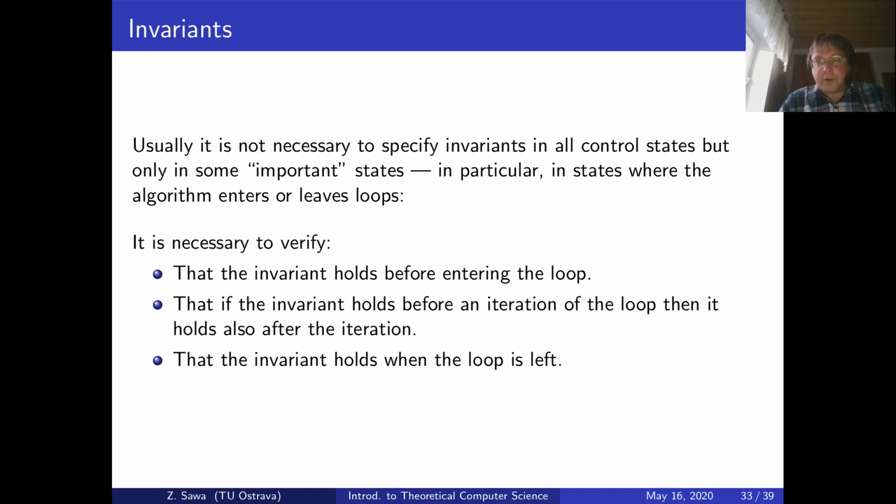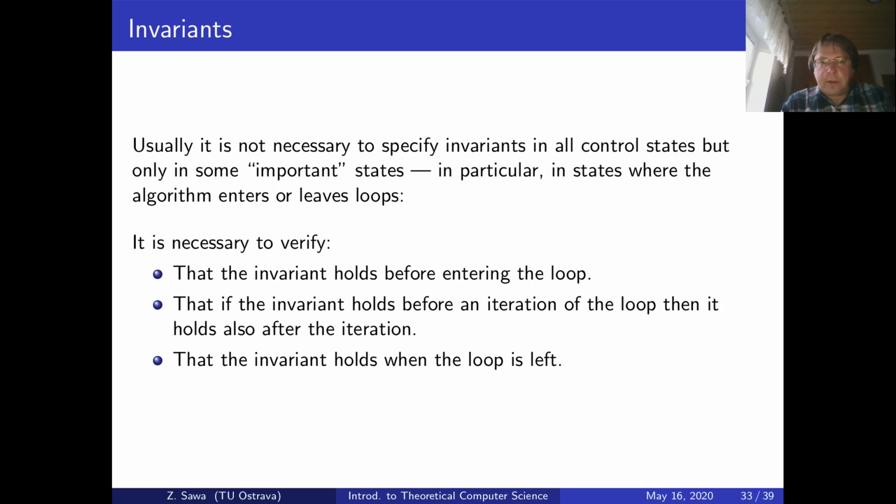It's not common to provide such detailed descriptions of invariants in every control state, but rather to concentrate on some important states. And what I mean by important, these are typically the states where the algorithm enters a loop and where it performs iteration in these loops, and where it goes out of loops.